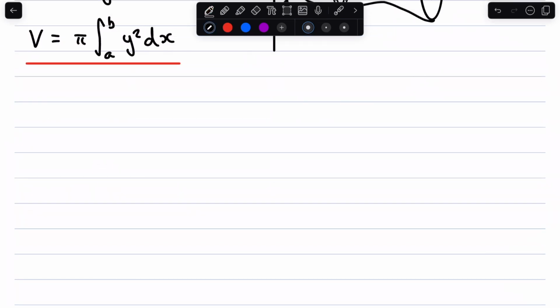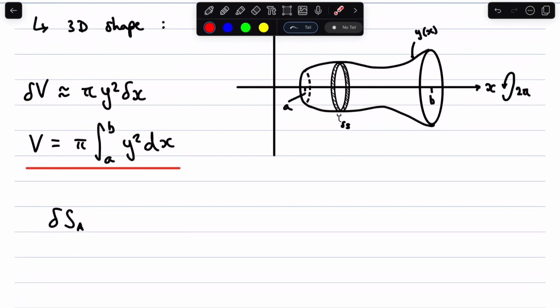For the surface area of our small disk, which I'll denote as delta big S A, we'll need to consider what is the path length of our function along our disk, and we'll have to multiply that by the circumference of the disk, which will be 2 pi times the radius y. So therefore, delta SA equals 2 pi times y times by our path length, delta S, and this is the same delta S that we've been using in previous videos for the path length.